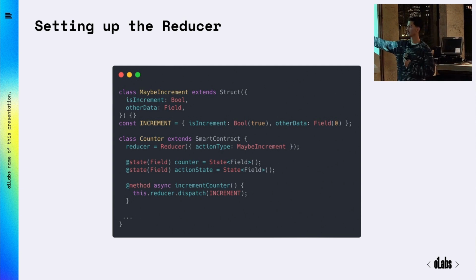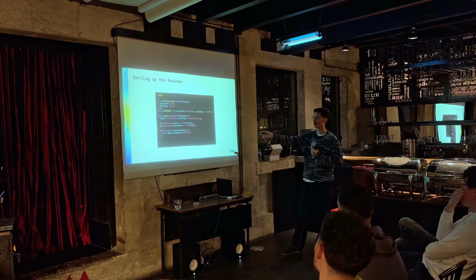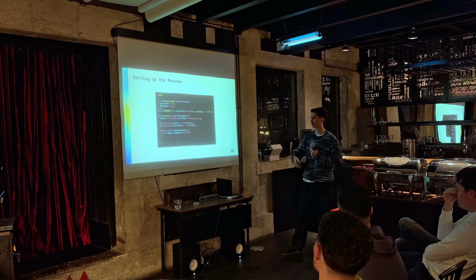The action type is maybe increments. Here we have a counter that will be the state field that we will be updating. We have the action state as a state field. It's a commitment to the actions that is stored in archive nodes. Then we have a method, and in that method we dispatch an increment action. So users can run this method and dispatch an action.